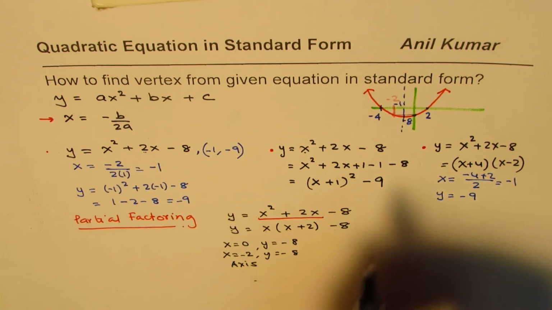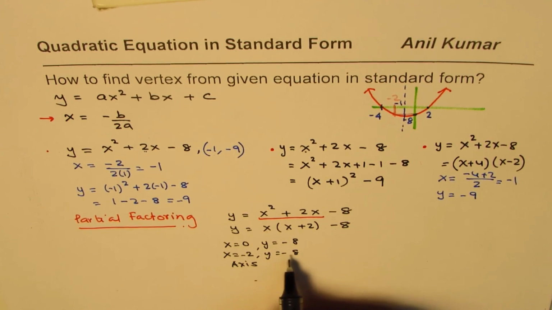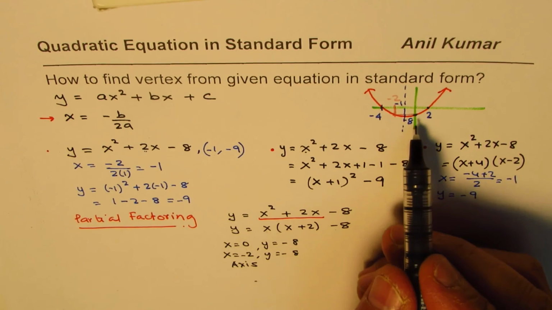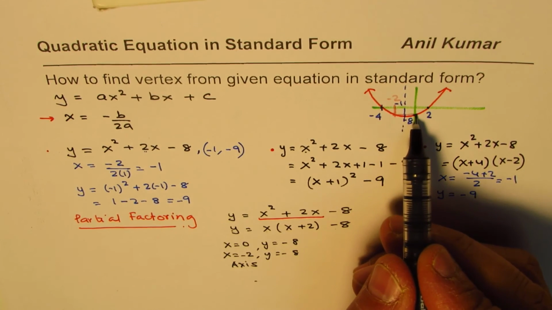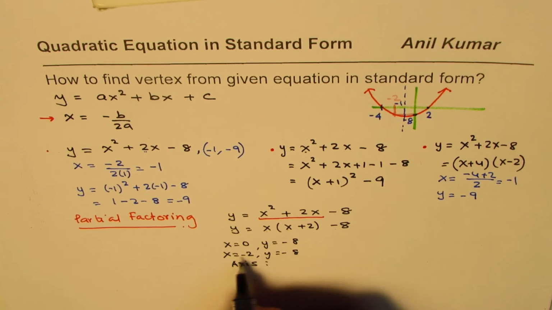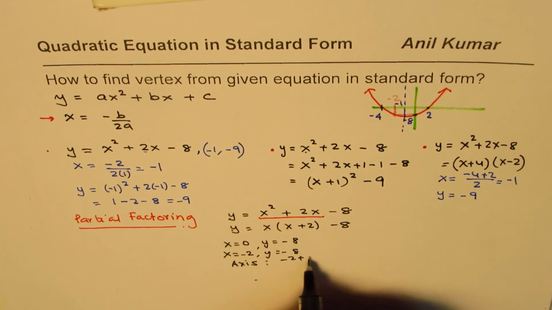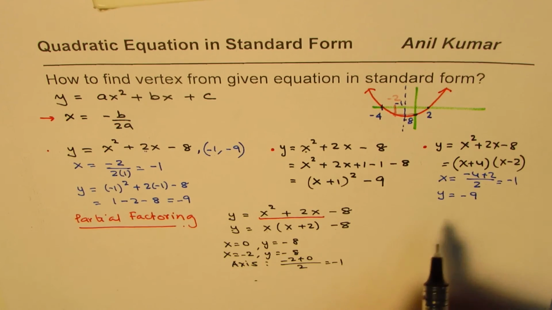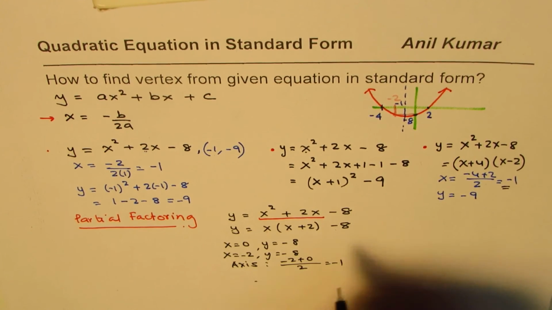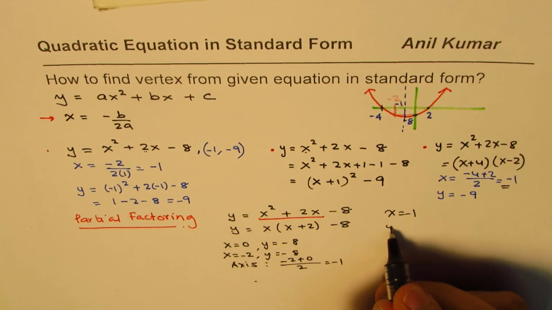A horizontal line, and from the symmetry, since the y values are minus 8 on both sides, we actually call it the reflection or image of the y-intercept. Important thing, right? So the axis is midway, which is between minus 2 and 0. So it is minus 2 plus 0 divided by 2, which is minus 1. So again, you get the axis, x equals minus 1, which you could substitute and find y.